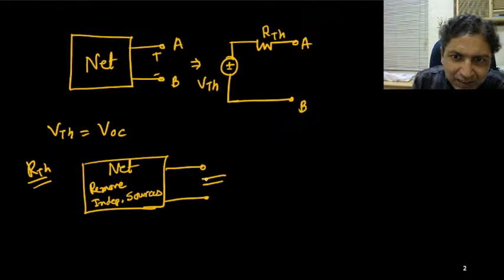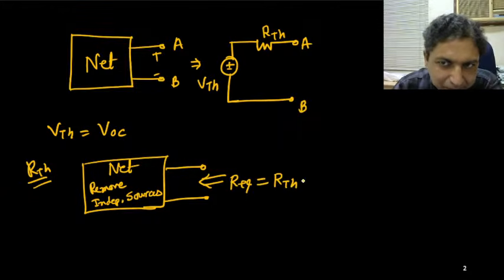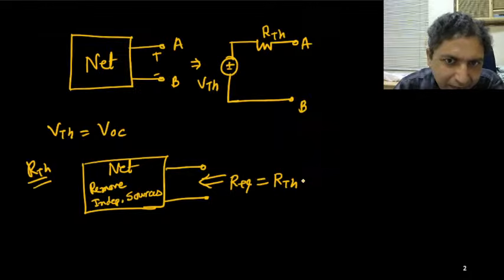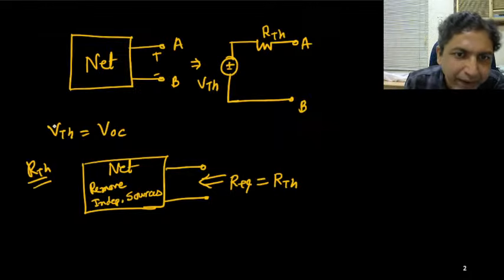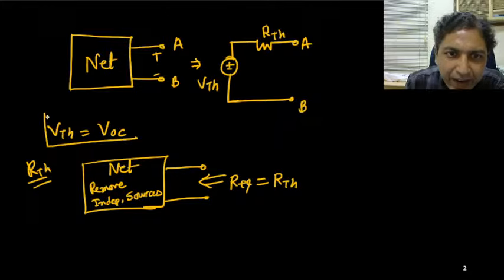Then if you measure the equivalent resistance looking from this side, this equivalent resistance is nothing but RTH. So this is the formal way to find VTH and RTH.